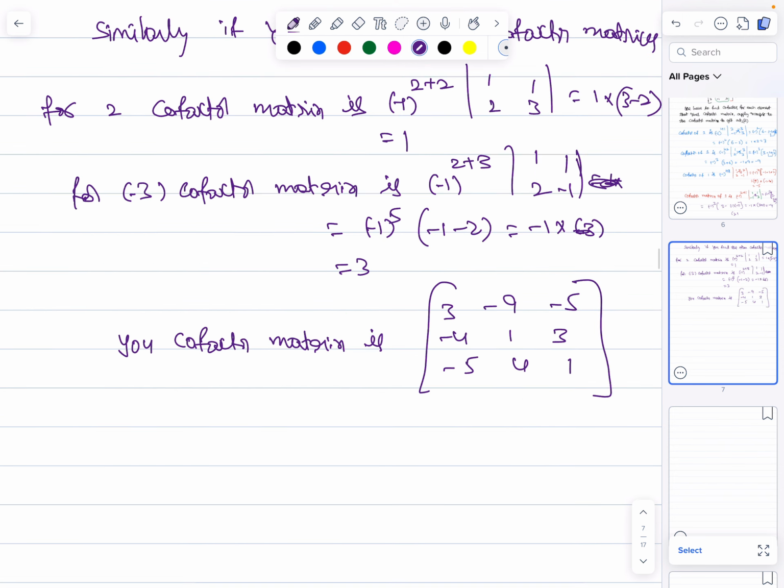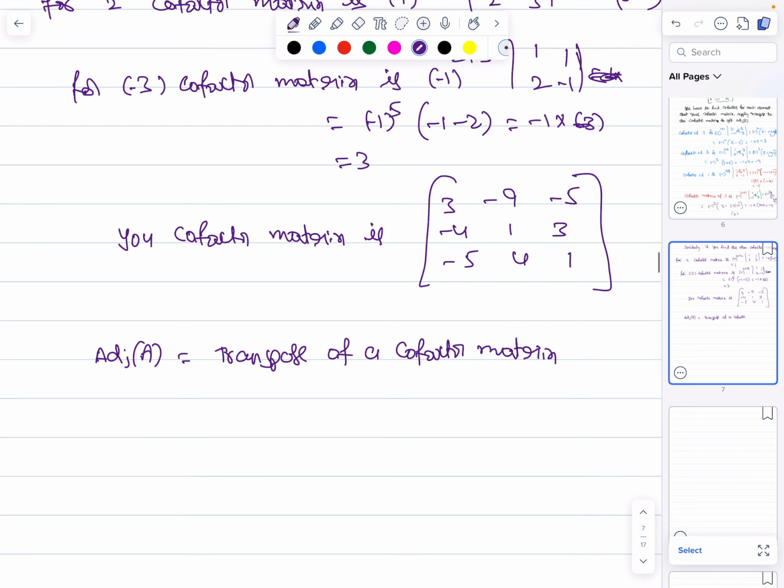Now adjoint of A is equal to the transpose of the cofactor matrix. Transpose of the cofactor matrix, that is 3 minus 9 minus 5, minus 4 1 3, minus 5 4 1, whole transpose.